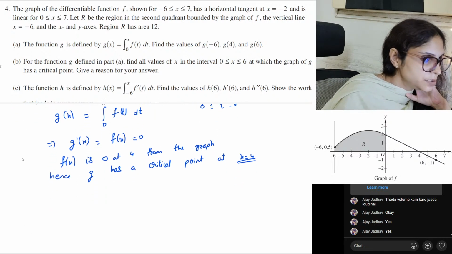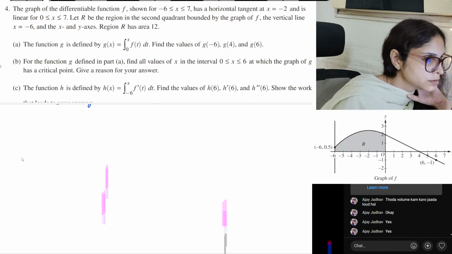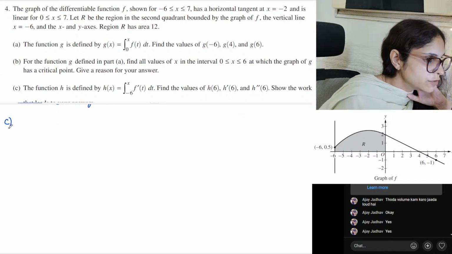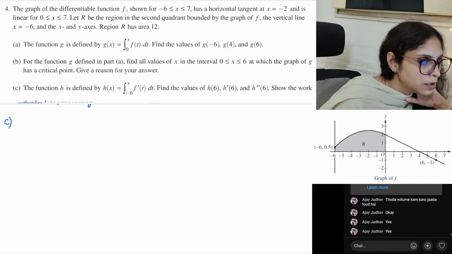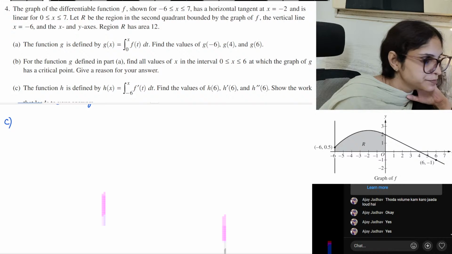That's about the second part. The derivative of G is just f, and for critical points we have to find where the derivative is 0. That means we have to find where f is 0, at 4.